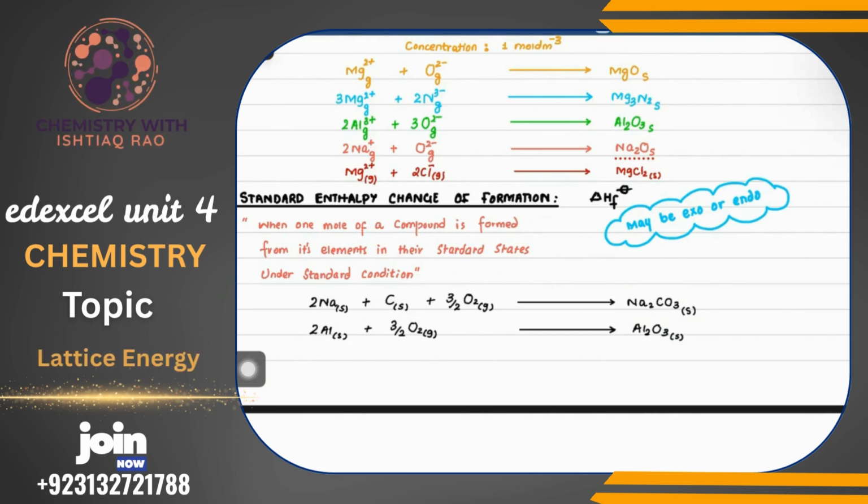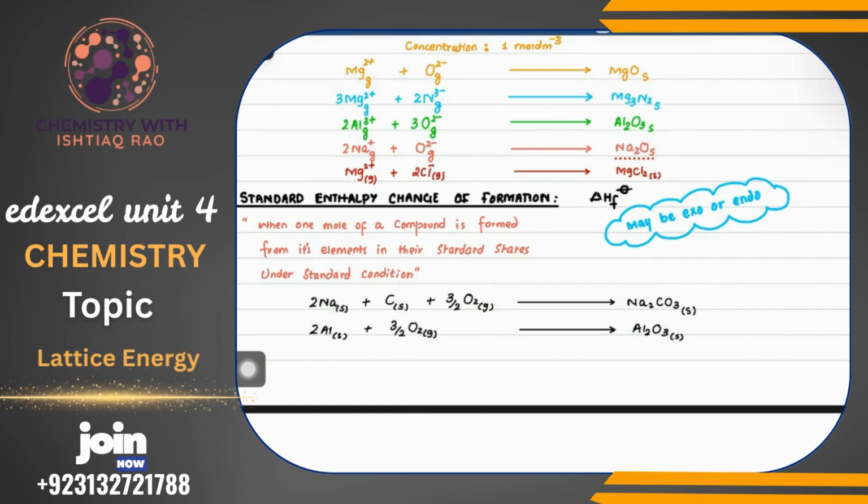We need to write sodium solid on the reactant side. You know why? According to the definition, the compound is formed from its elements in their standard states. Sodium is a metal and is solid at room temperature. Carbon is a solid too; even though it's not a metal, it's solid at room temperature.